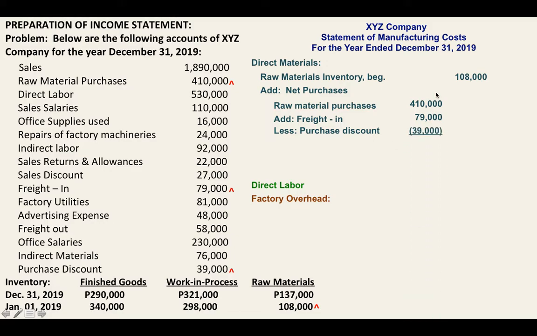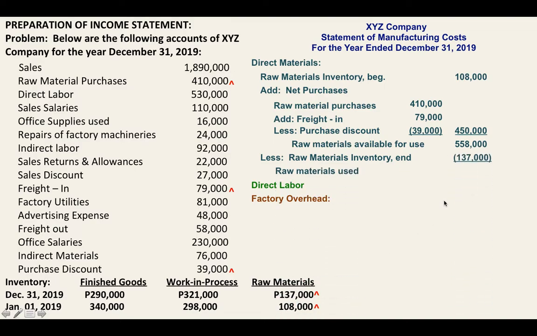So here now we will be able to get the net purchases, and we will add the raw materials beginning inventory plus the net purchases, which will give you the raw materials available for use. Okay, and then you have to deduct the raw materials inventory end, which is here 137,000. Deduct that, then you will get the raw materials used.